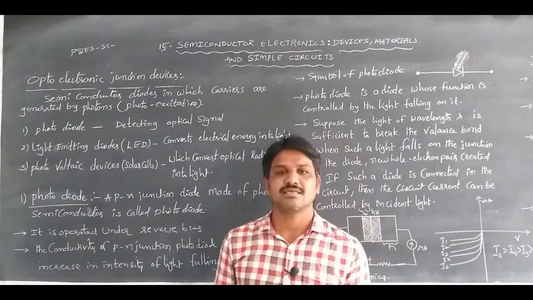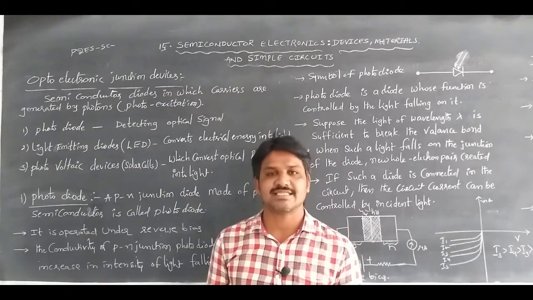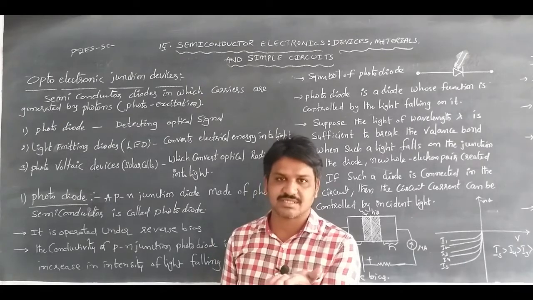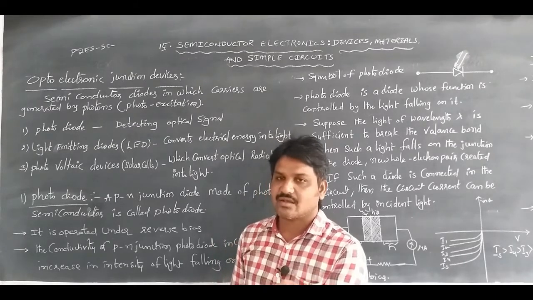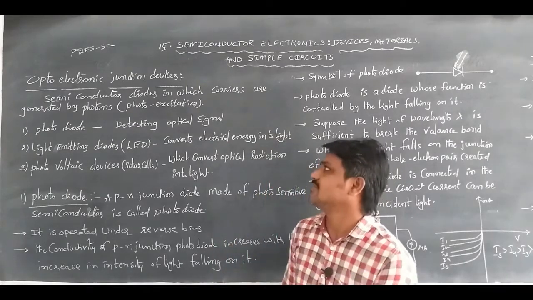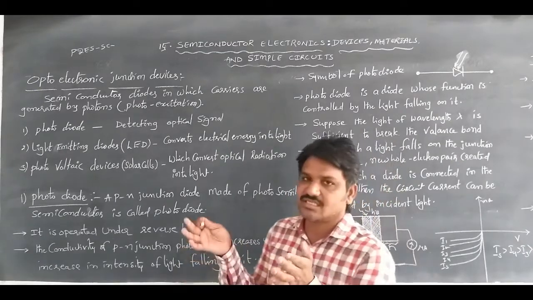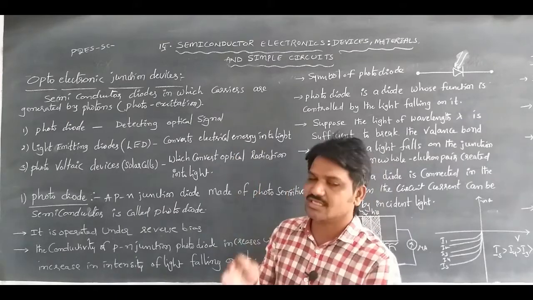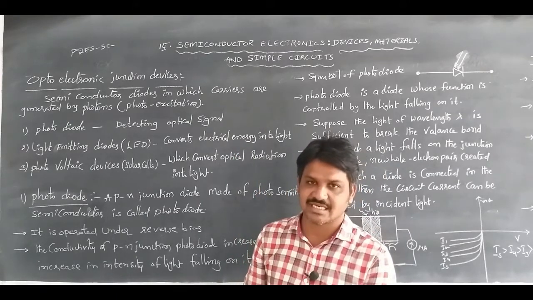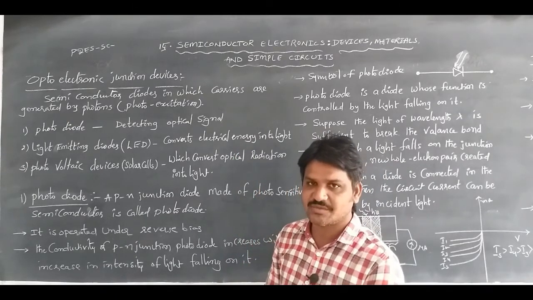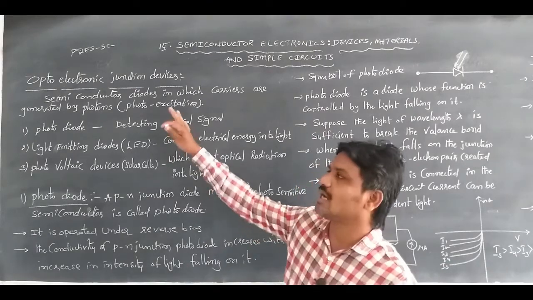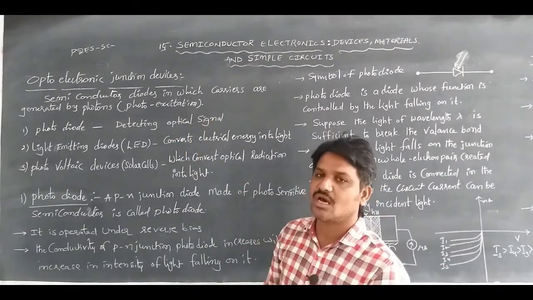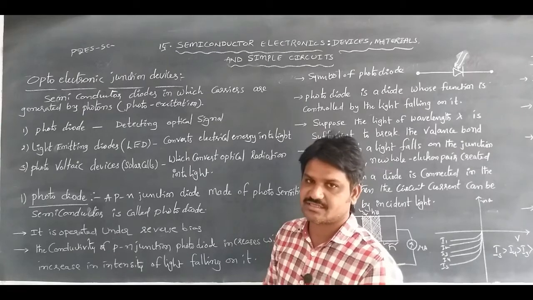Whenever sunlight is incident on some photosensitive substances, charge carriers are generated by the photons in the semiconducting materials, like junction diodes. Then that will be the optoelectronic junction devices or photo devices.